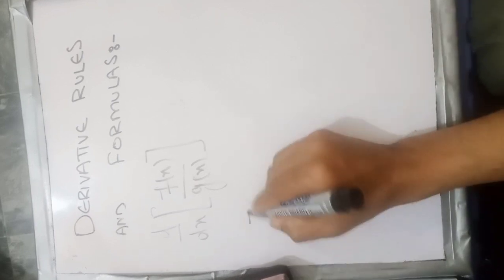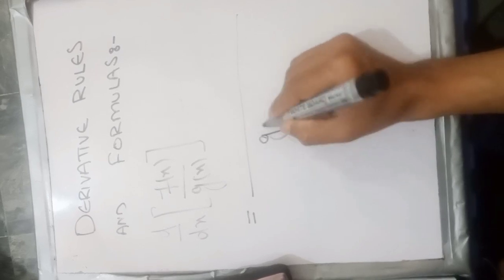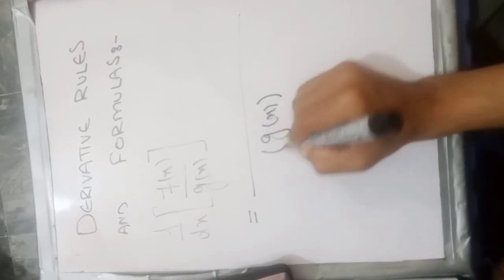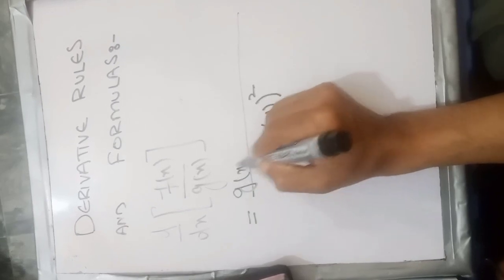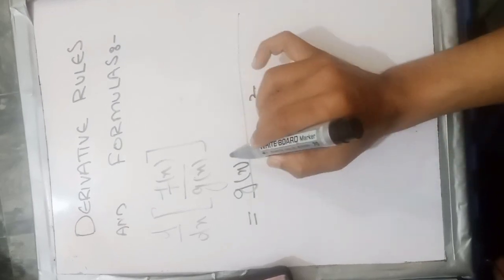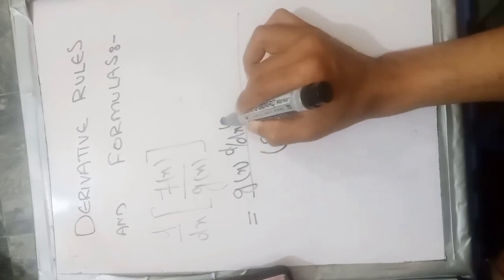How can we differentiate functions which are in fractions? Very simple. The denominator function squared, and again the denominator function as it is, derivative of the numerator function.